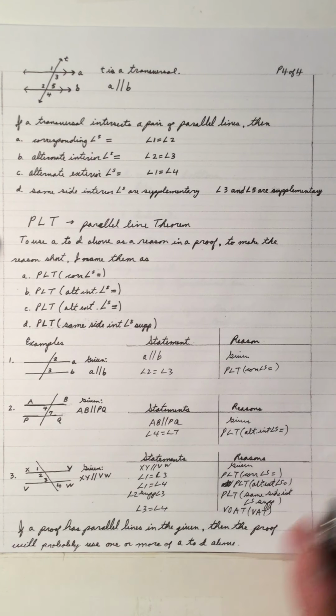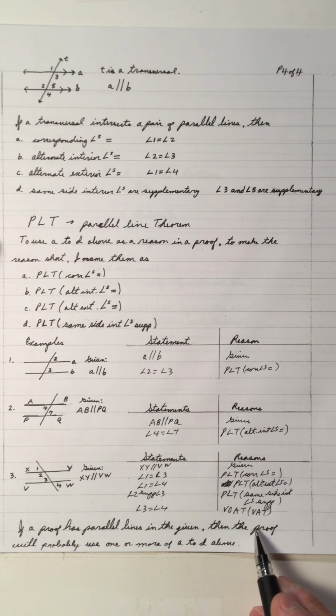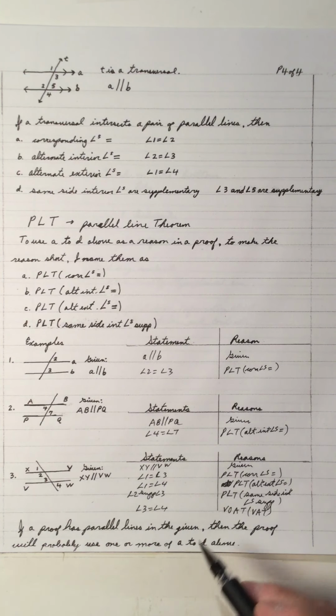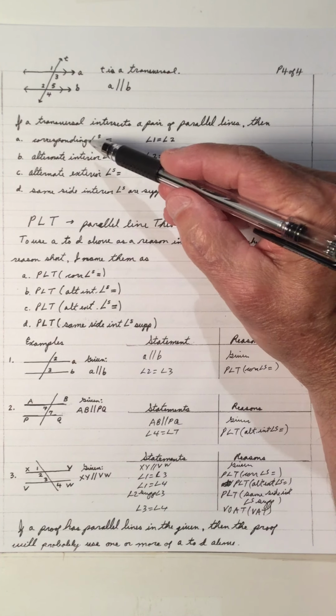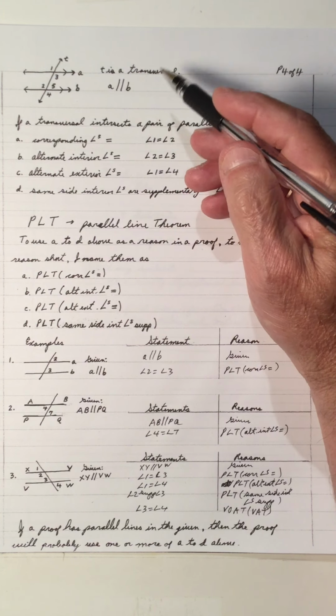And also, if a proof has parallel lines in the given, then the proof will probably use one or more of A to D above. So if you're given a pair of parallel lines, you will probably have one or more of these in your proof.